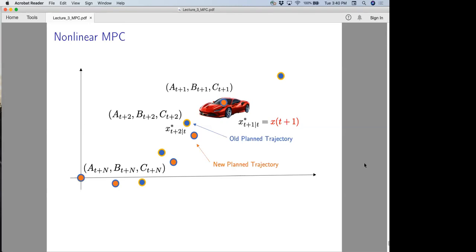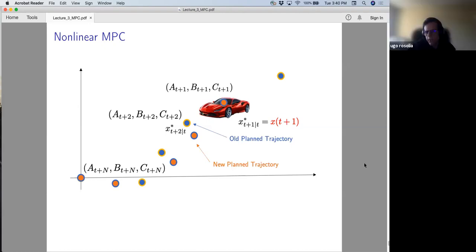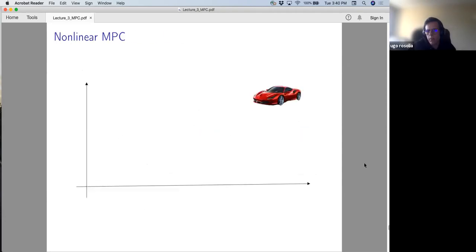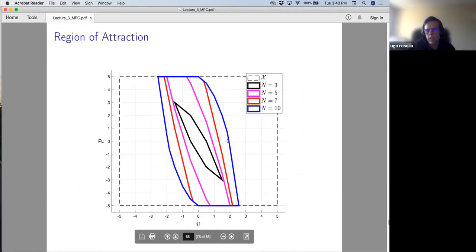So the whole assumption was that we are already within the region of attraction. Yes, and that region of attraction, you can compute it. This region of attraction is the set of points from which you can drive your system to the origin.